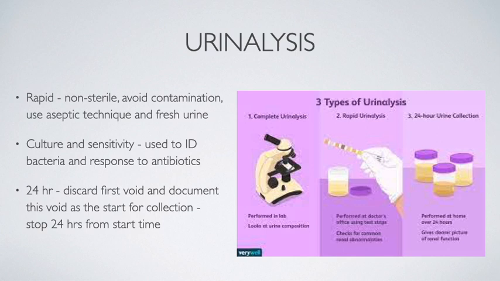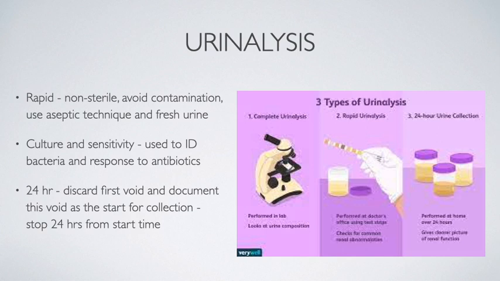Sometimes you might have a patient with an indwelling Foley catheter as well. This catheter can be used to harvest clean catch urine. Not exactly sure what the procedure is for that or if we're going to go over that, but we'll find out down the road. That's culture and sensitivity, so it's used to diagnose UTIs, kidney infections, other issues with your urinary system.